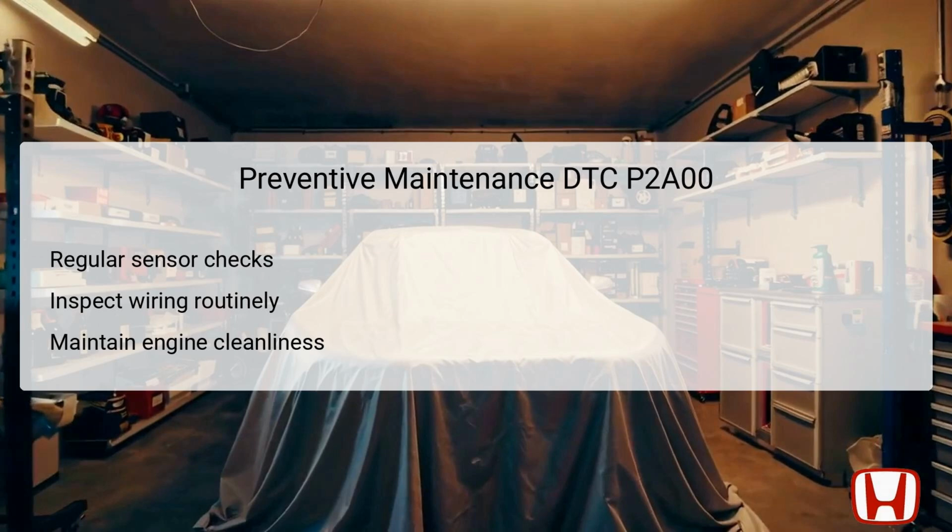Maintaining engine cleanliness is also crucial. Dirt and debris can affect the sensor's performance, so ensuring a clean environment around the exhaust and intake areas plays a significant role in sensor efficiency. Furthermore, using high-quality fuel and oil can minimize deposits that might negatively impact the sensor's functionality. Engaging in these proactive measures can significantly prolong the lifespan of the AF sensor and support the overall health of the vehicle.